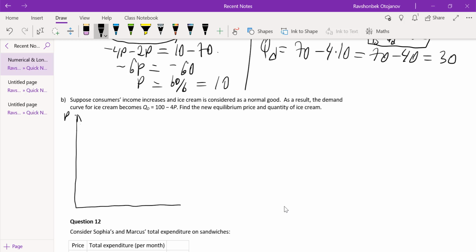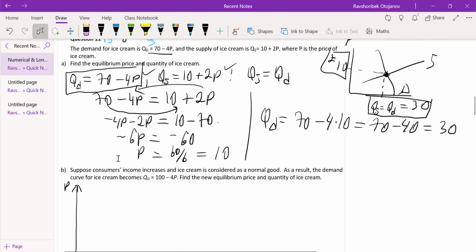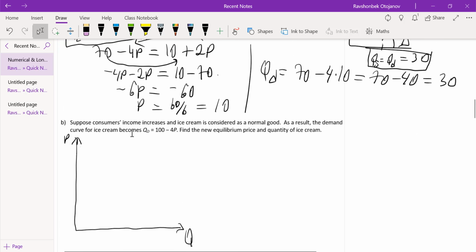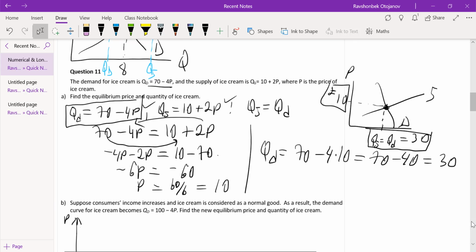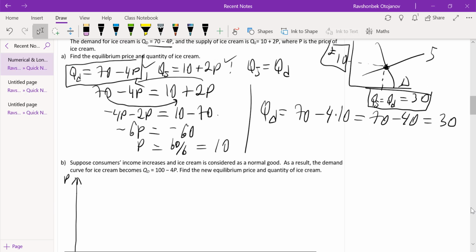So this is price, this is quantity. By the way, we may need some space. Now, the original demand curve. Let me write down the original demand curve somewhere here.